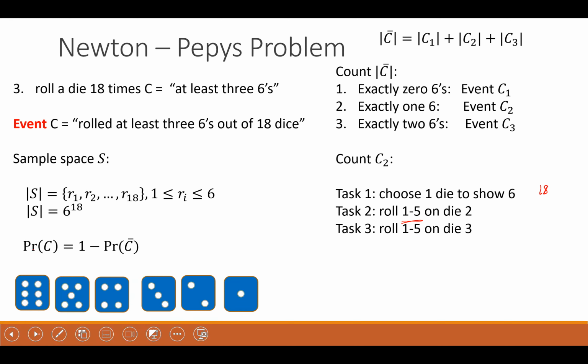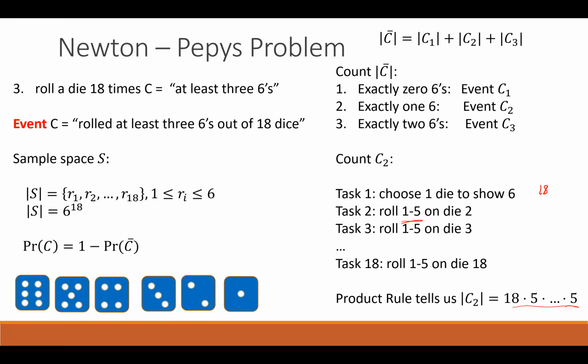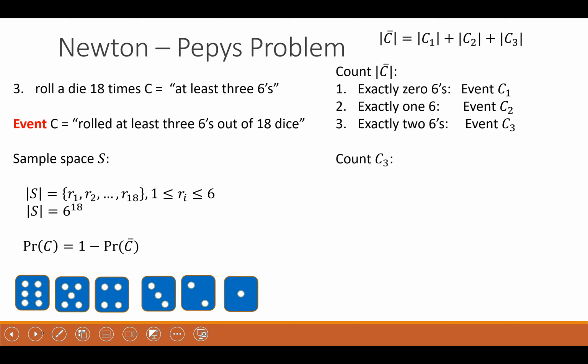Right, so then if I use the product rule, I get 18 times 5 times itself 17 times. So 18 times 5 to the power 17. Okay, so C1, C2, no surprises there, very similar to B1 and B2.